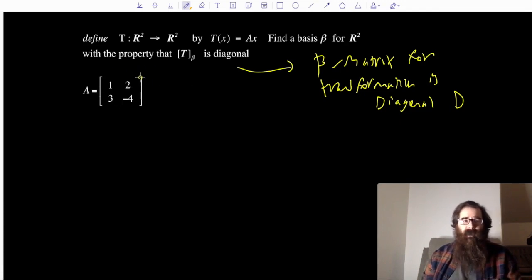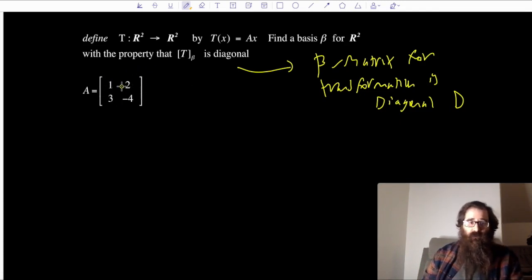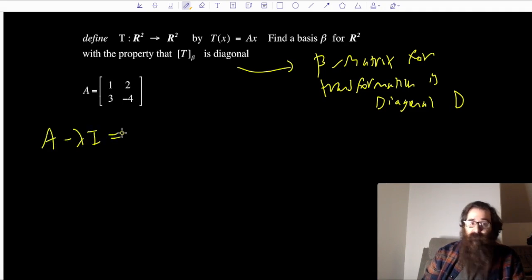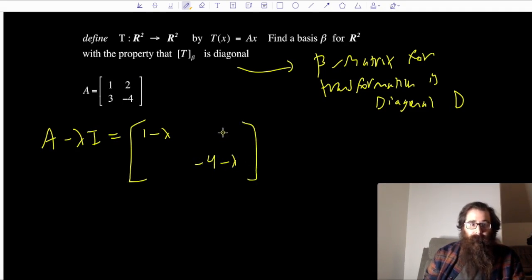I'm given this matrix A with rows 1, 2 and 3, negative 4. Let's find A minus lambda I, because I'm going to have to diagonalize. So subtract lambda from the entries on the main diagonal. And then I want to find the determinant of this matrix.